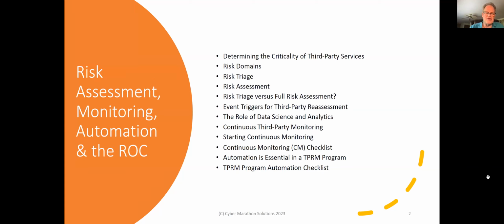Then we're going to get into continuously monitoring third parties, how it works, what kind of things you need to be aware of as you contemplate continuous monitoring, how to get started with a continuous monitoring program, and reviewing a checklist of items that you'll need to consider. And then talking about automation in a third-party risk management program and a checklist of things that you should be thinking about and how you automate your program.